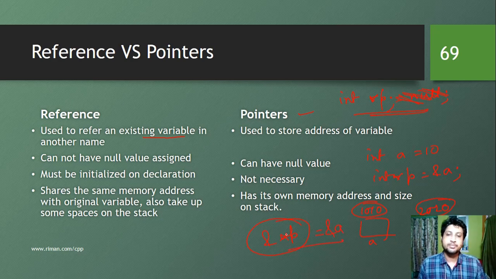That is true because *p is actually denoting a. But the address of p is not equal to the address of a. That means the pointer address and the original variable address are not the same, and the pointer also has its own size on the stack as well. So this is the difference between references and pointers.